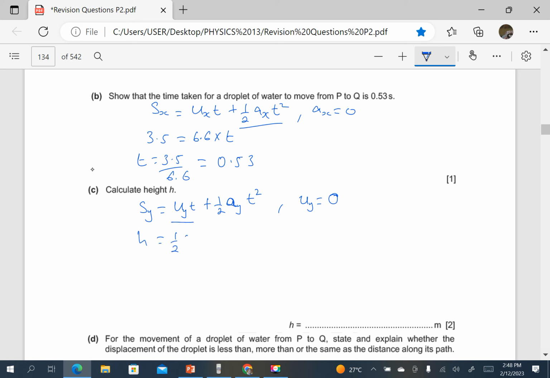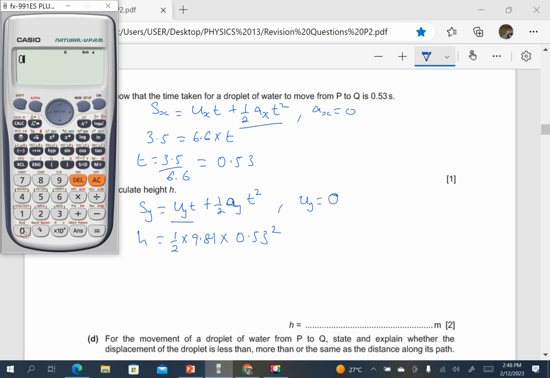So we have a half times 9.81 times the time, which is the same, 0.53, squared. So 0.5 times 9.81 times 0.53 squared gives us 1.3778, or 1.38, which is approximately 1.4. So this will be 1.4.